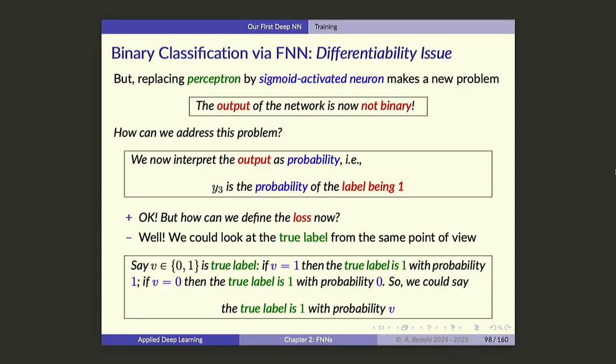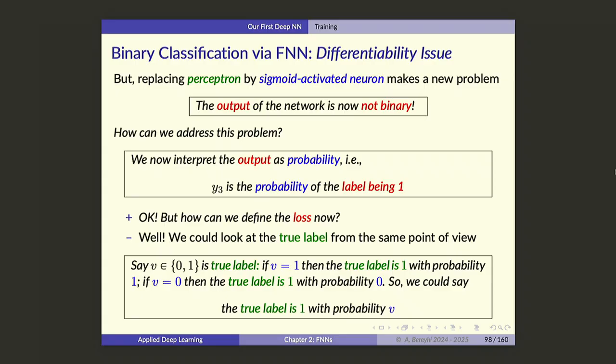So now we don't have this property anymore, because the output is something between 0 and 1. Now, if I interpret that value between 0 and 1 as a 0 or 1, so if I say after half, more than half, I'm going to take it as 1.